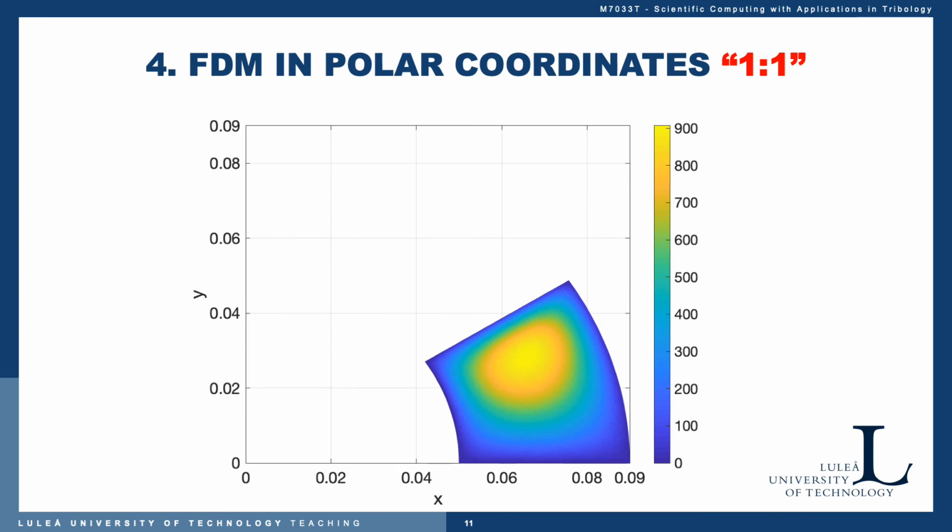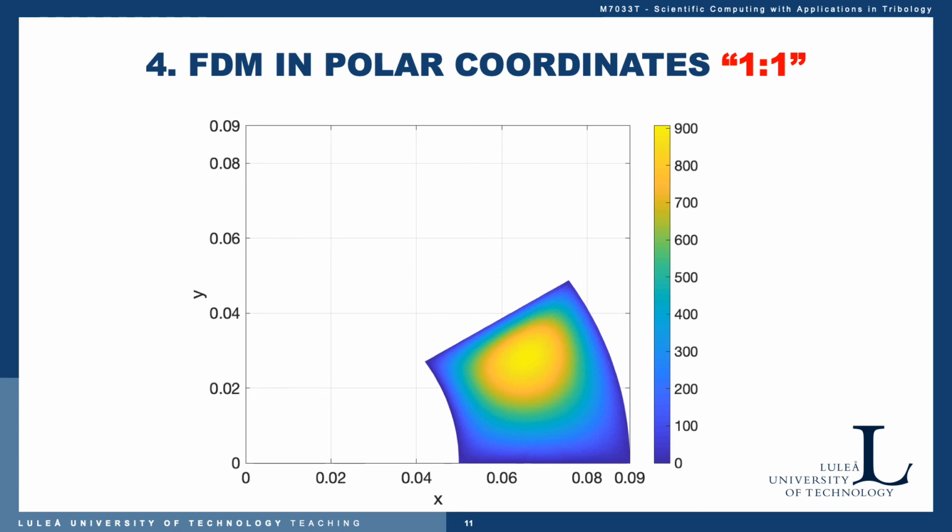Having the solution for the rectangular problem, we now move to the polar coordinate model, and if we solve that for a similar configuration, we end up with this solution, and it is in many ways very similar to the one that we saw before, except that the variation of the velocity from the inner to the outer radius causes a small skewing of the pressure distribution, but otherwise it's pretty much the same.